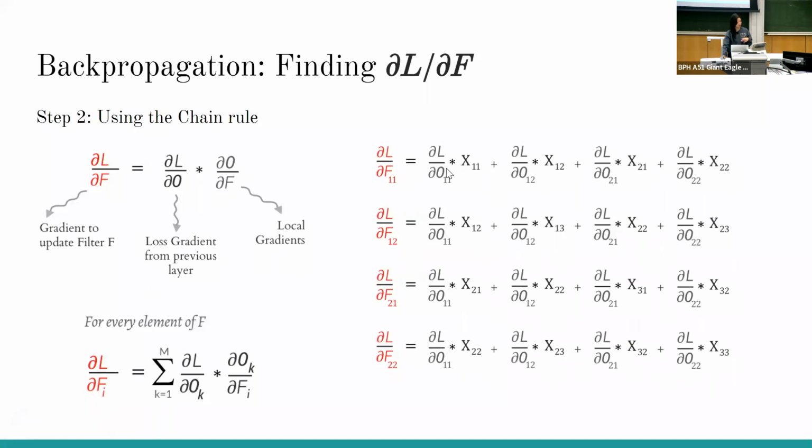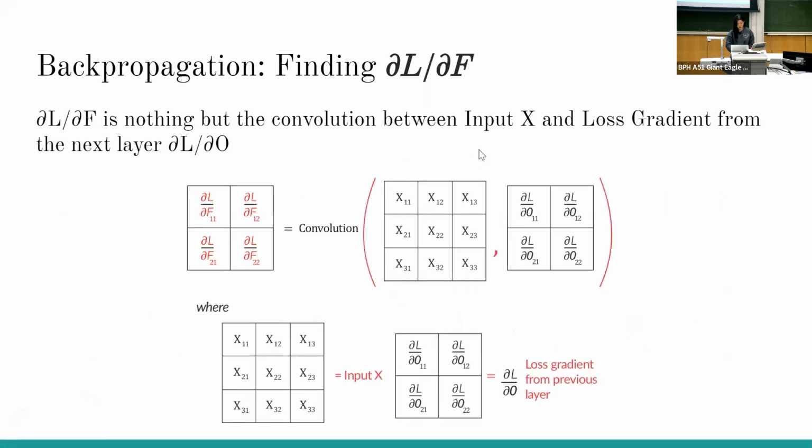We just replace dO by dF with x. Now if we look closely, this represents an operation we are quite familiar with: convolution. It is a convolution operation between input x and the loss gradient dL by dO, just like shown here. So this is how you find dL by dF.